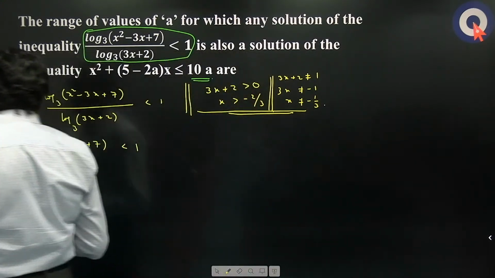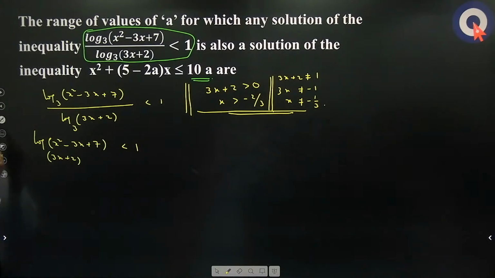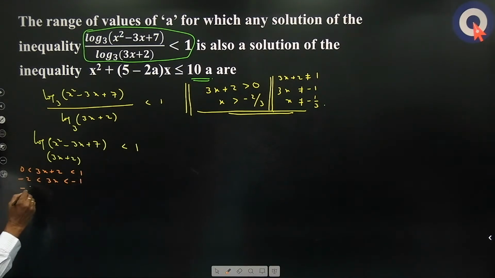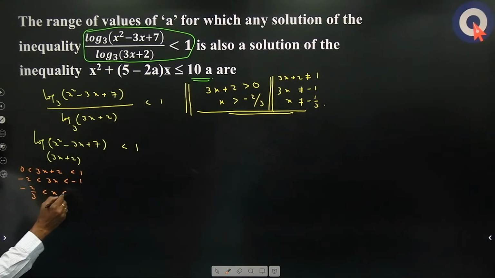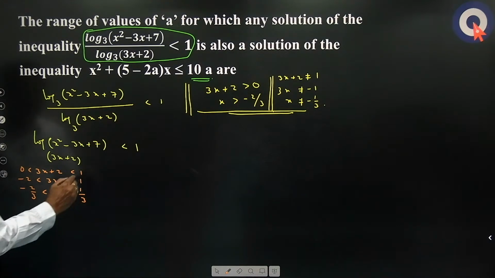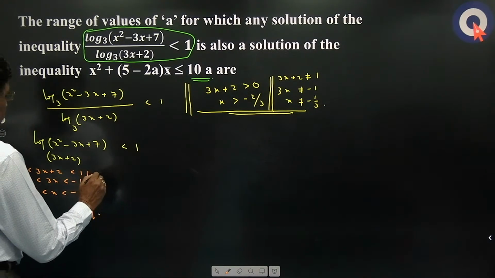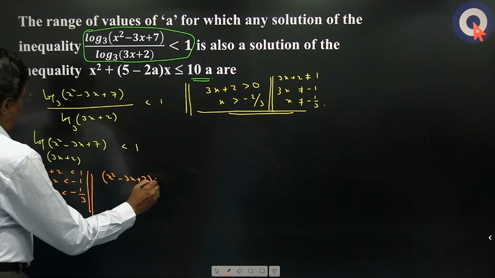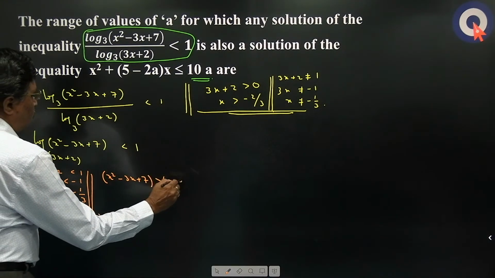So let us see the first case. When the base of the logarithm is lying between 0 and 1, that is when 3x plus 2 lies between 0 and 1, that is when x lies between minus 2 by 3 and minus 1 by 3, in that case, the inequality becomes x square minus 3x plus 7 has to be greater than 3x plus 2 to the power 1.